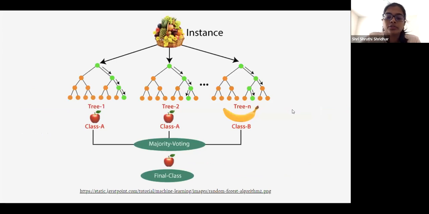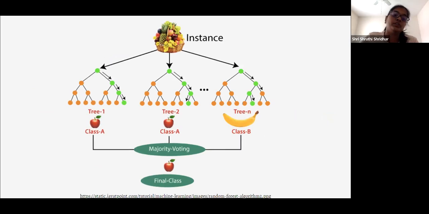So let's look at one of the examples. In this case, the problem that we have at hand is finding what fruit it is that we took from the market or a fruit basket. So we give it through different decision trees in the random forest algorithm, each of which is trained on its own sample, because they might not have all been trained on the same set of inputs.